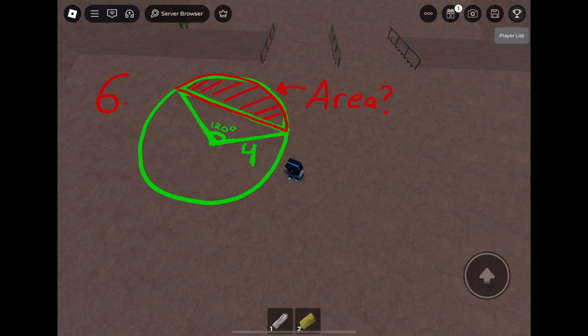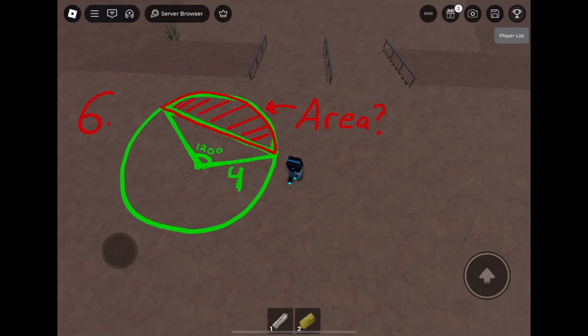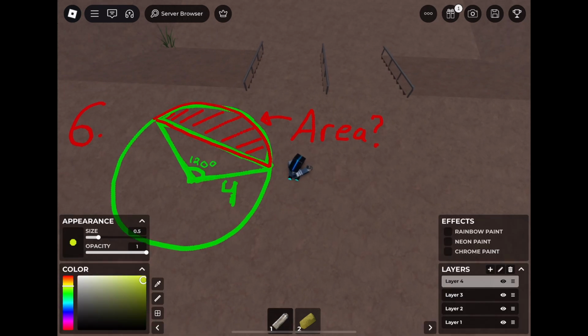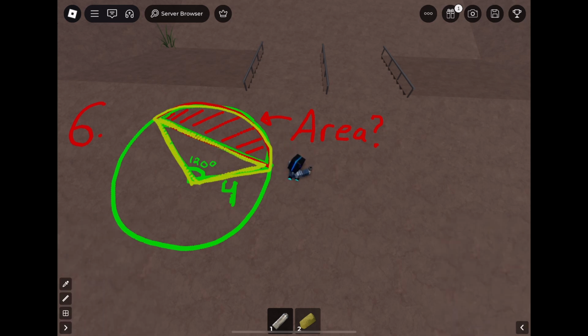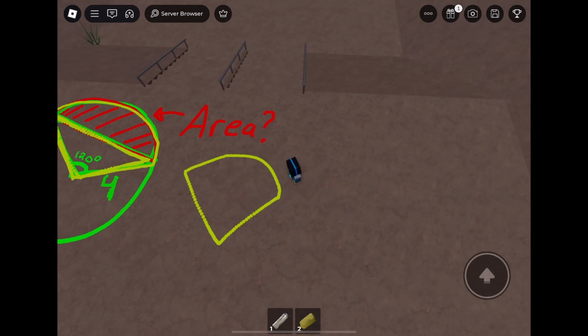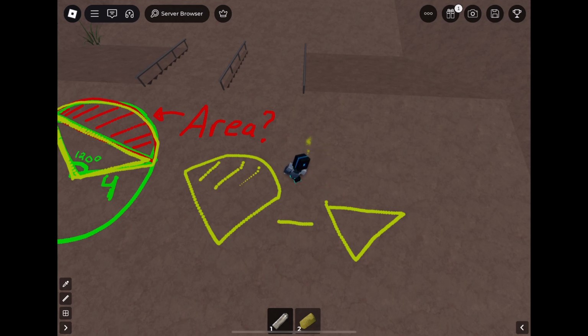The way I would do this is think about the different shapes we have inside of here. So first, I have this whole sector. I'm going to shade it in yellow like that. And notice that I also have this triangle here that I'm going to shade. So if I have the total sector like this, and then have the triangle like that, and if I subtract these areas, what area will I be left with?